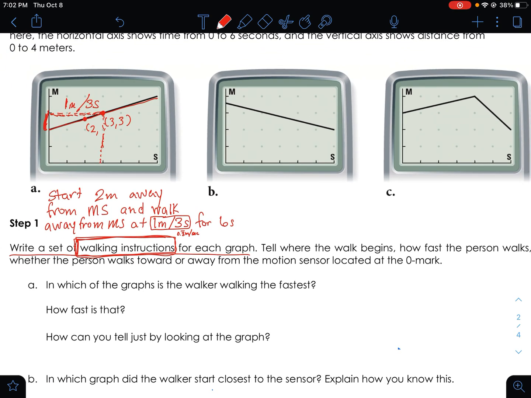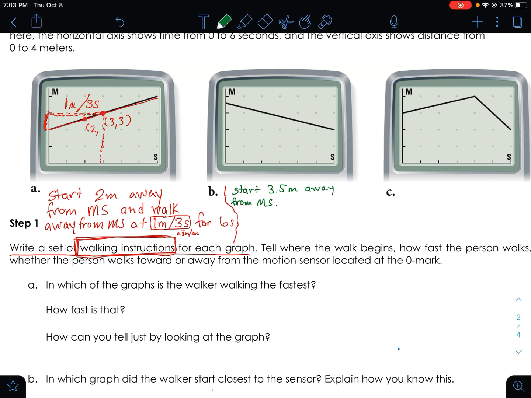Again, if we're writing our walking instructions, what we need to do is come up with where we are starting. So first, if we look at this, we're starting at 3.5 meters. So start 3.5 meters away from the motion sensor. After we have our starting point, we need to figure out if we're walking away from or towards the motion sensor.